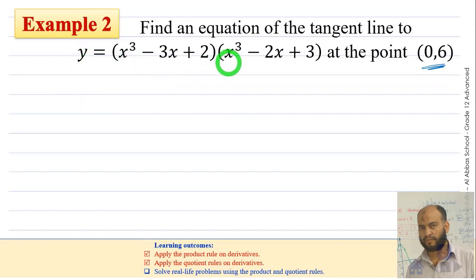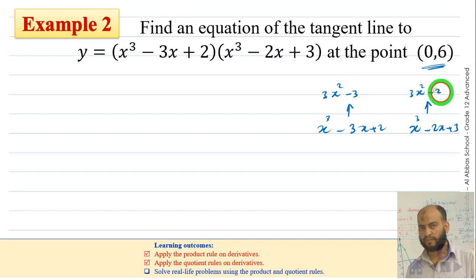We can see here the first function is x to the power 3 minus 3x plus 2. The second function is x to the power 3 minus 2x plus 3. The derivative of the first function is 3x to the power 2 minus 3. The derivative of the second function equals 3x to the power 2 minus 2.